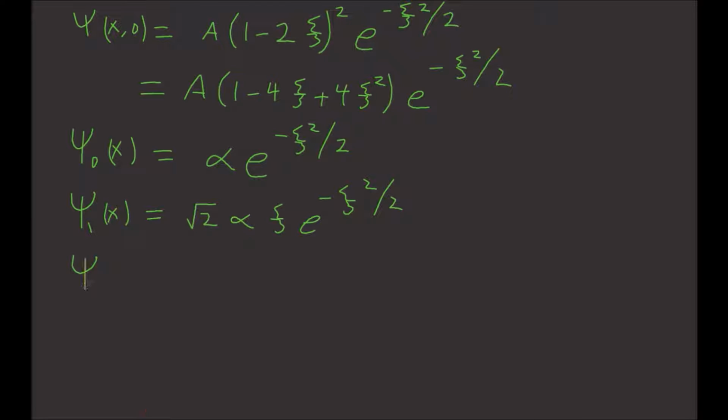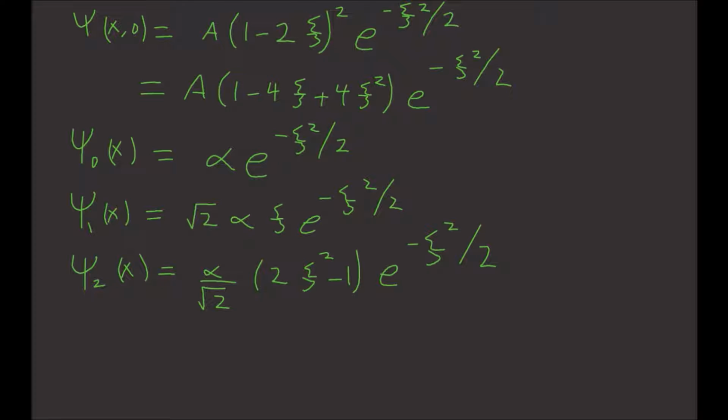We have the second excited state, which is equal to alpha divided by square root of 2 times 2 times squiggly square minus 1 times the exponential part. The reason we are doing this is because we want to find this normalization constant A, because we cannot find the expectation value of the energy without normalizing the wave function first.